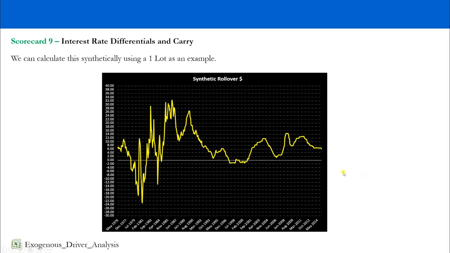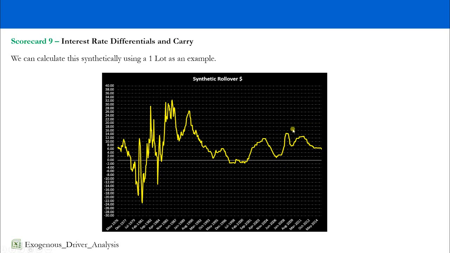We can also calculate the synthetic one lot example as we looked at in the spreadsheet. And obviously, this is going to have the same shape because the variables are actually constant. And we can see how much we're either paying out or receiving.